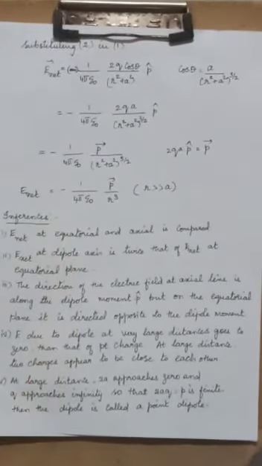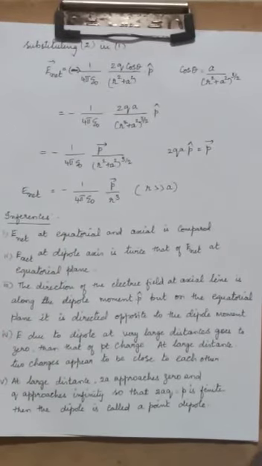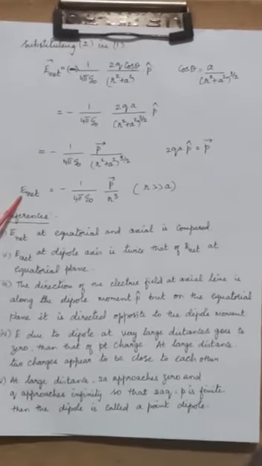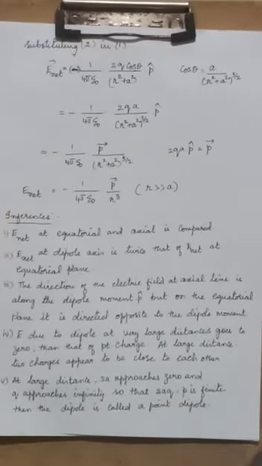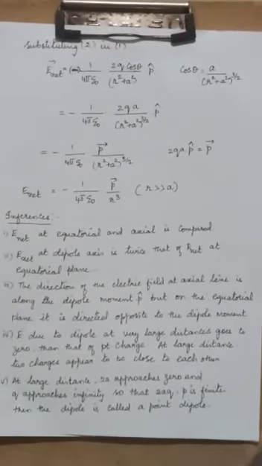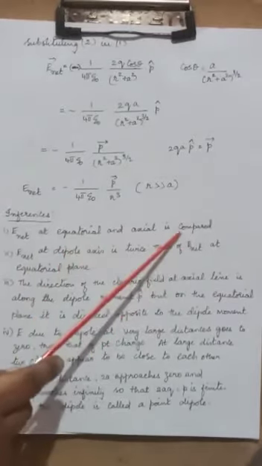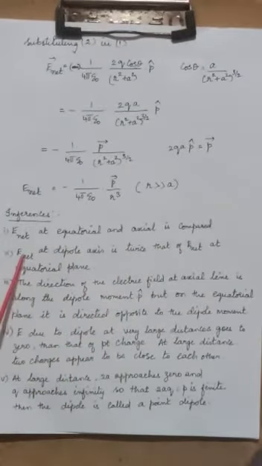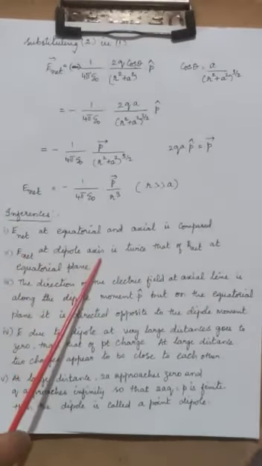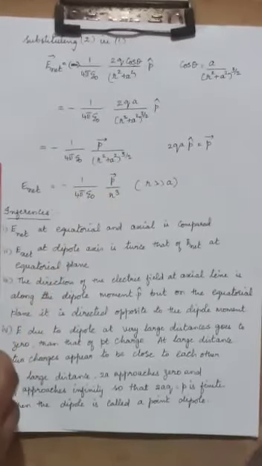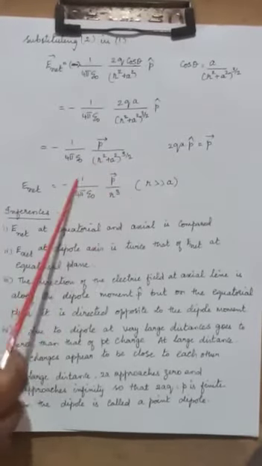So what can I conclude when I have found out E net on the equatorial line and compare it with the dipole at the axial point? What I can find out is that E net at the dipole axis is twice, because if you multiply by 2, it gives me the E net of the axial line, the magnitude alone.